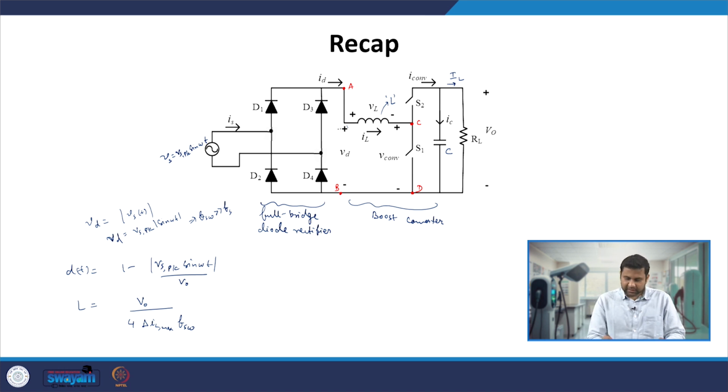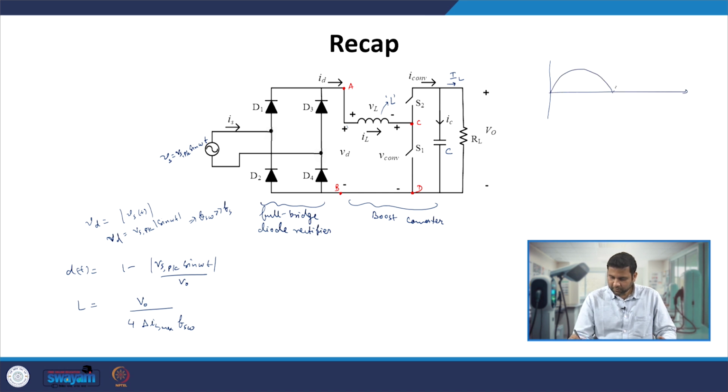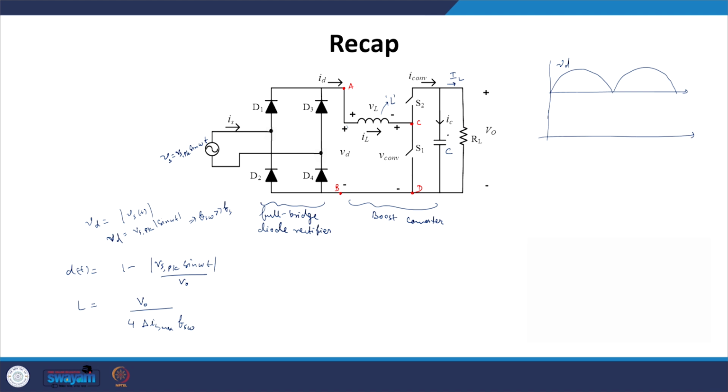We have seen that since the input to this boost converter is varying in this fashion, this being the VD value, the duty ratio also has to be varied in such a manner that a constant V0 voltage is achieved across the load resistance.